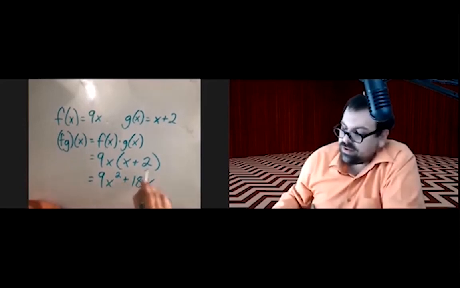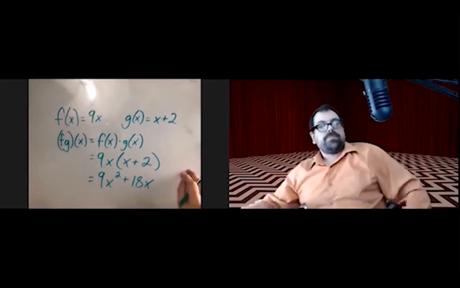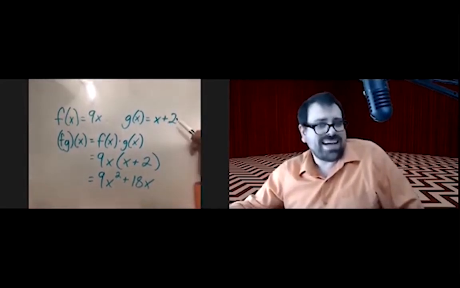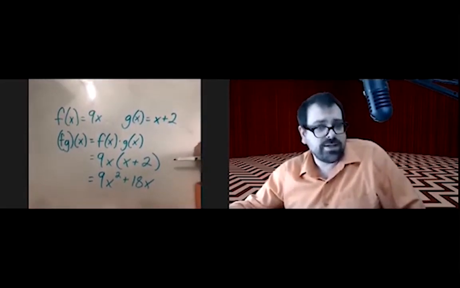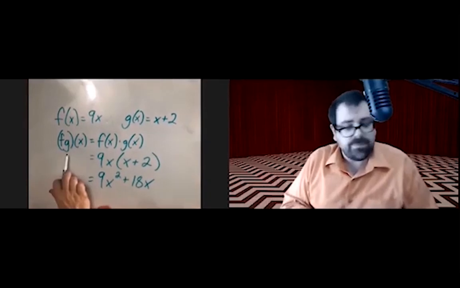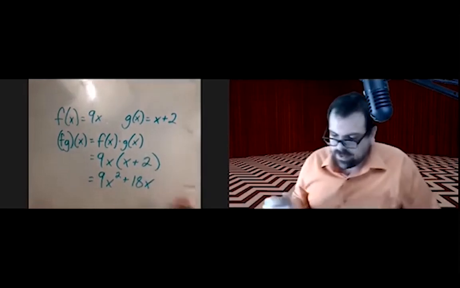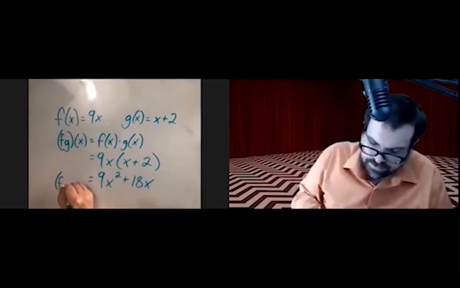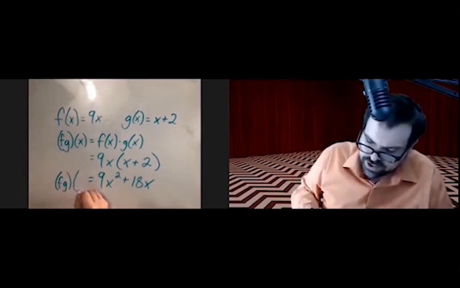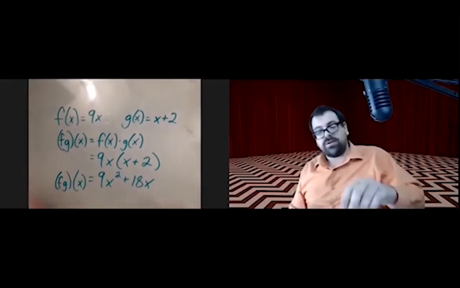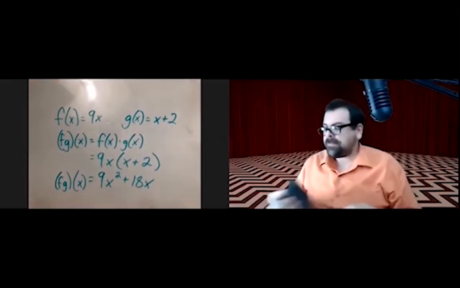We're distributing. None of this is new. This is class's old. What is new? The notation. I'm going to keep a note down here that fg of x worked out to be 9x squared plus 18x.